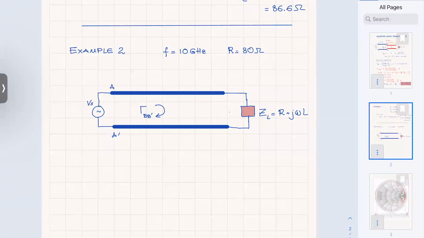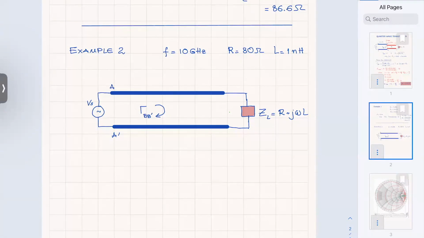And I give you that L, I have not computed that, but let's see how much it's going to be. 2 pi times 10 to the 10th. Let's see whether 1 nanohenry will do it. Okay, that's going to make it 60 something. All right, so 1 nanohenry.